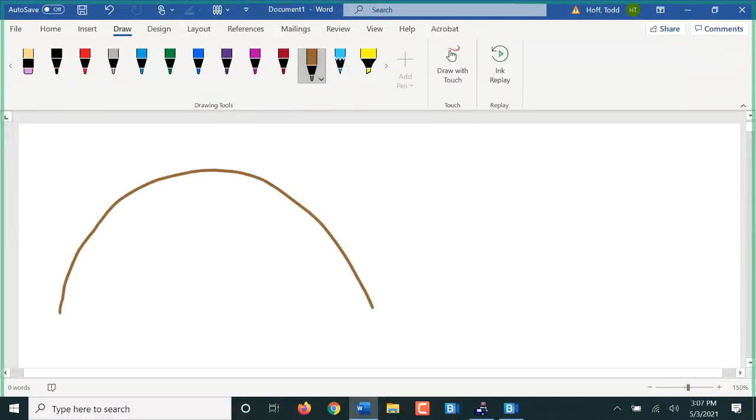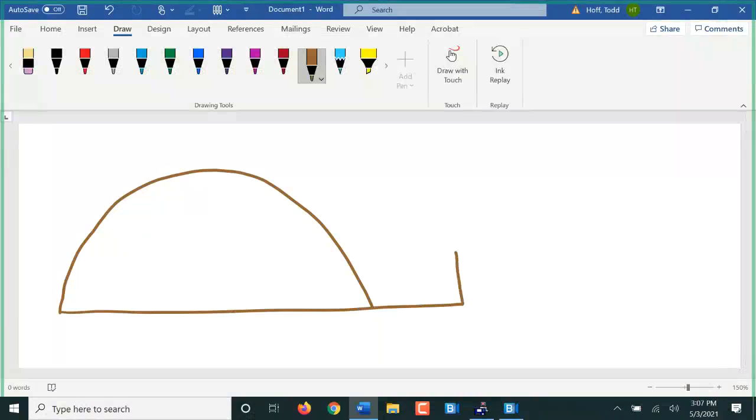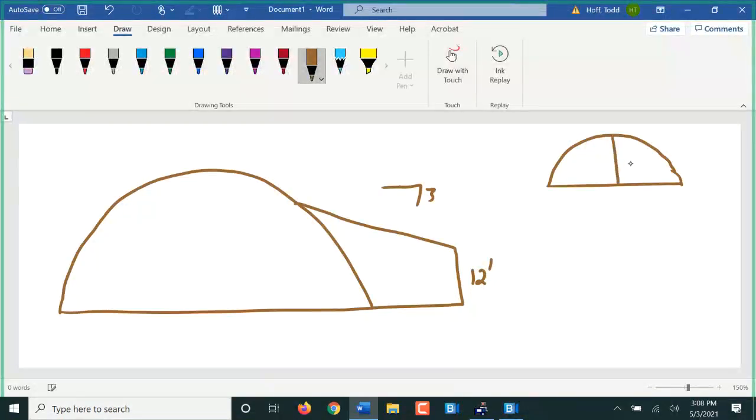That piece looks like this. I'll label the parts that I can label here without causing any issues. Off to the side here, I'm going to draw this sector of the circle. That sector segment height is given as 24 feet.